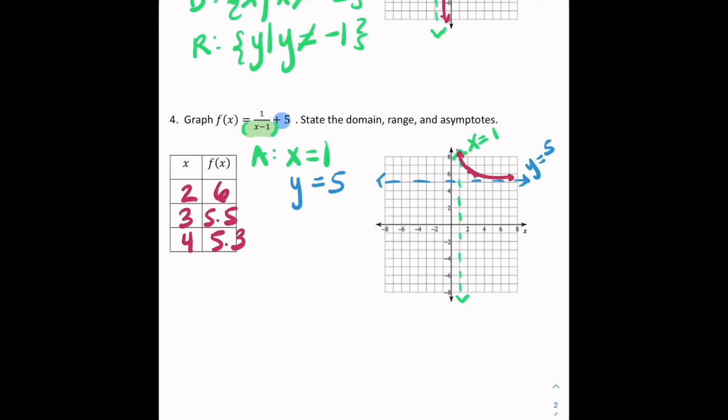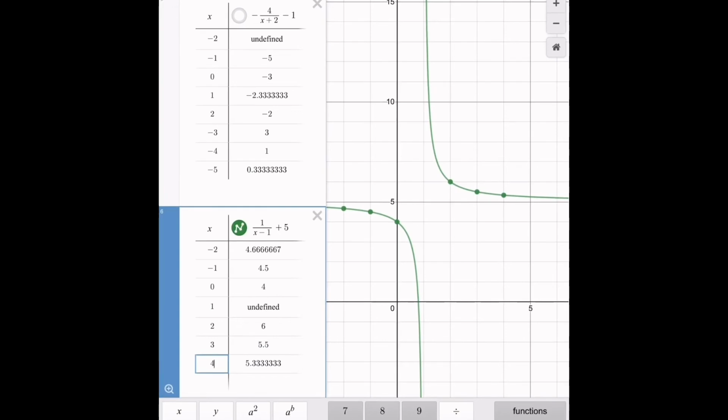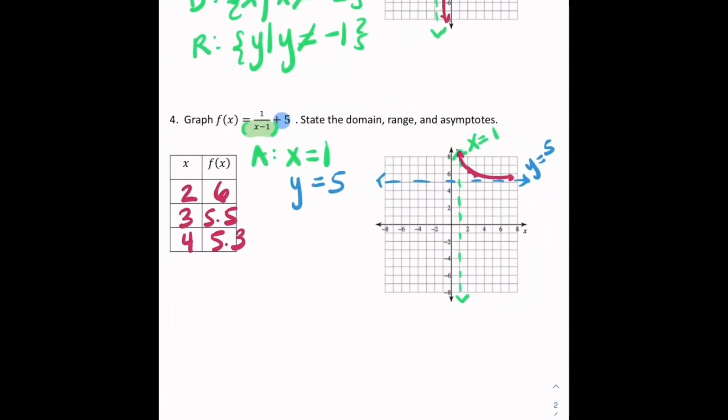And now what we want to do is we want to draw the left side of our graph. So let's go ahead and go back. So now I'm looking at the undefined. I'm looking above that. So I have 0, 4, negative 1, 4.5, and negative 2, 4.67. And I'm going to use those values to graph the other side of my graph.